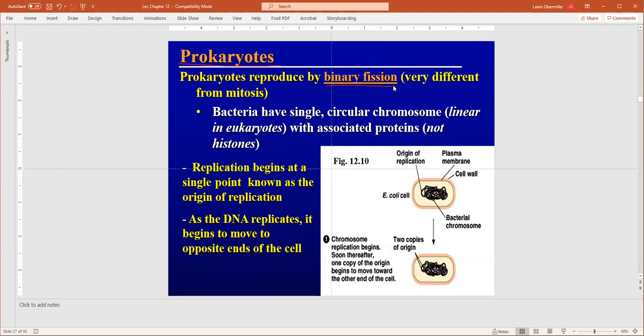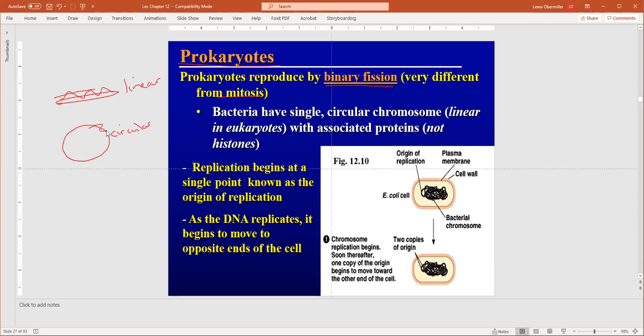So bacteria are kind of funky. They do something called binary fission. It's different than mitosis. You guys know that we have chromosomes that are linear and they kind of look like cigars. But bacteria have circular chromosomes rather than linear. So our DNA is a double helix.